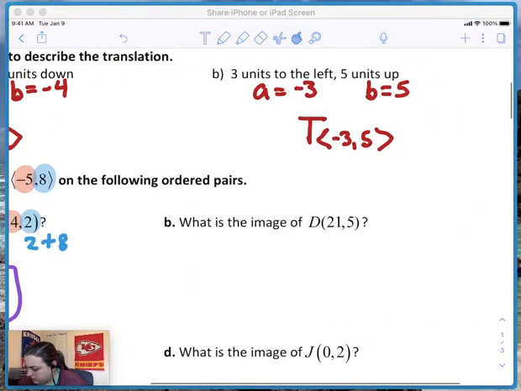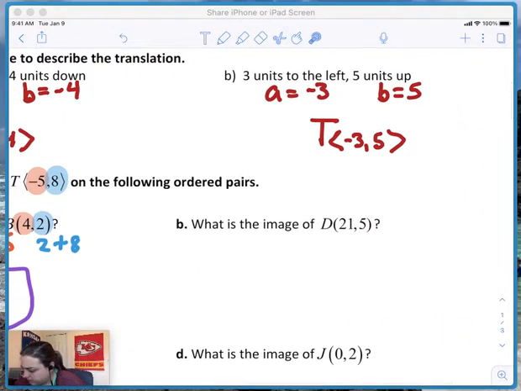So we're going to do the same thing here on the same set of ordered pairs. So I'm going to take 21 minus 5. And here this is D, so this is going to be D prime. 21 minus 5 is 16.